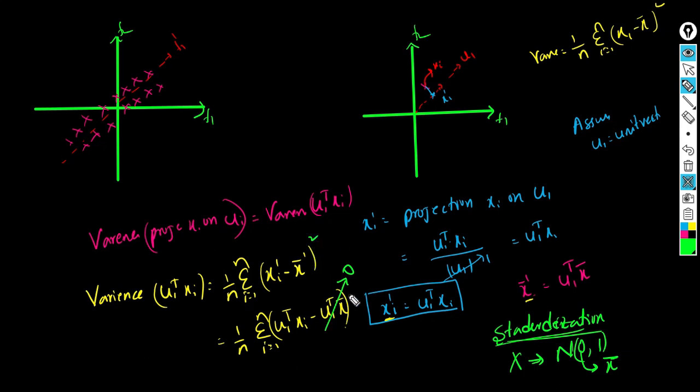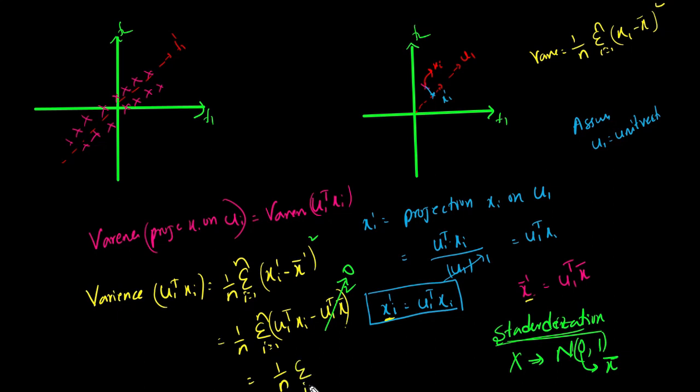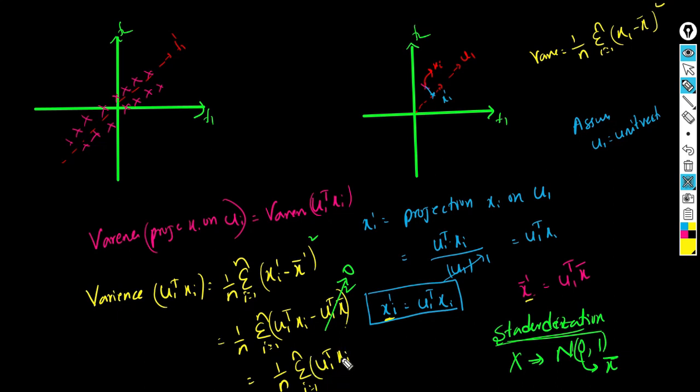Sorry, here we have to take the square. And finally we are going to get the variance as u1 transpose xi, whole square.